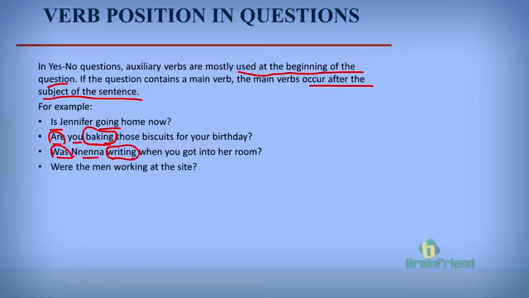And lastly we have, were the men working at the site? Were is the auxiliary verb, the men the subject, and working the main verb. So in yes-no questions, we find that auxiliary verbs begin the question.